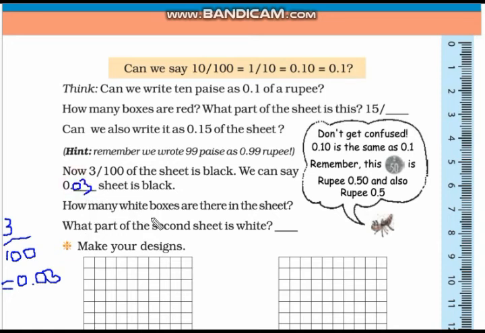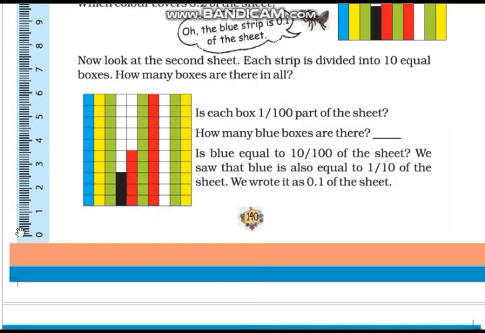Now how many white boxes are there in the sheet, and what part of the second sheet is white? So let us count how many white boxes there are. If you count here, there are 10 boxes of this strip that are white, then here the other 1 2 3 4 5 boxes, so 10 plus 5 is 15, plus this 16 17 18 19 20 21 22.